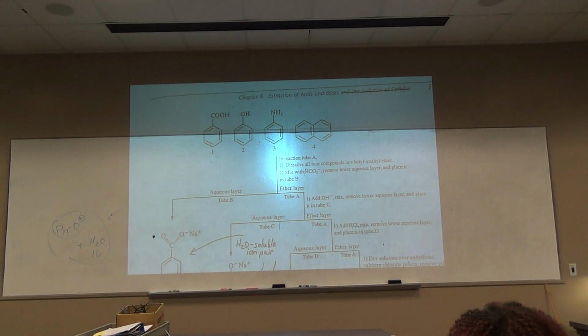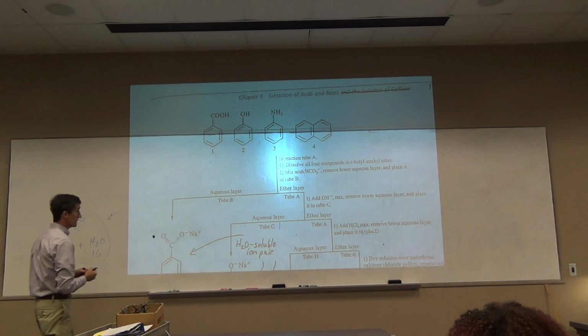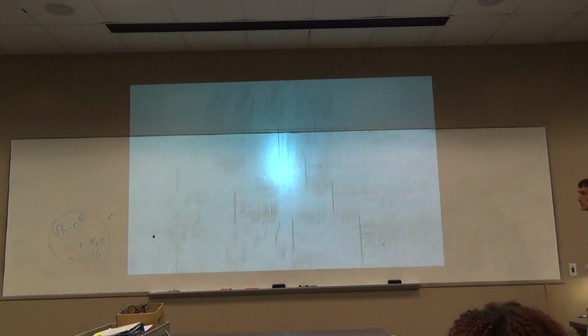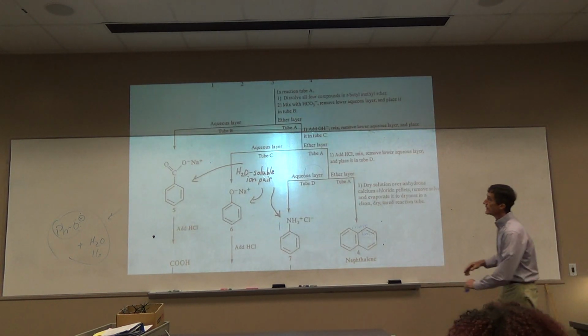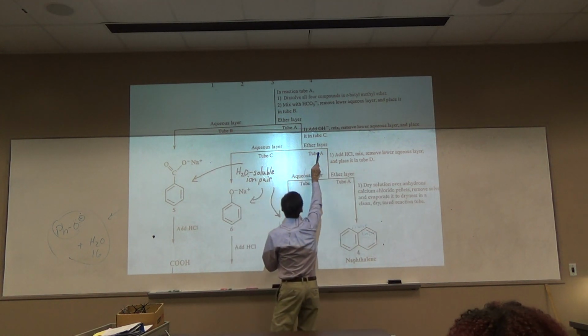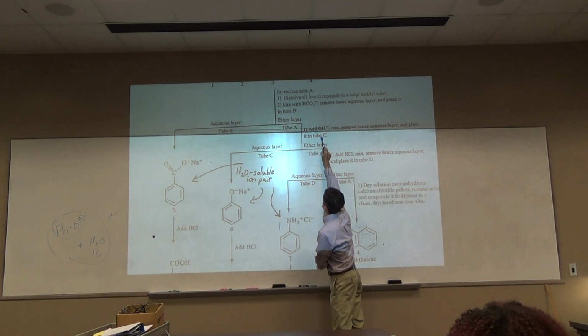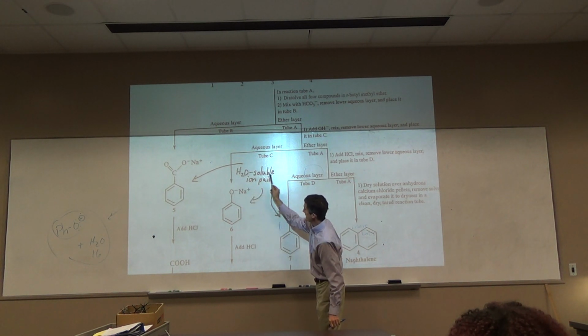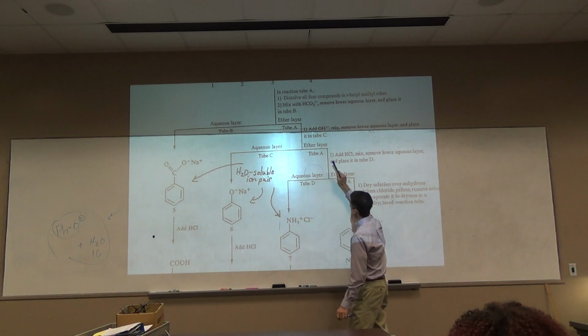You can use other solvents for extraction, ethyl acetate or dichloromethane. Okay? So now we've separated out one. Now we can come back and add hydroxide to the ether. That will convert the phenol into the anion. It will then go into water.